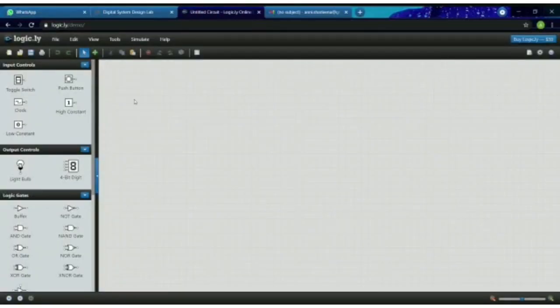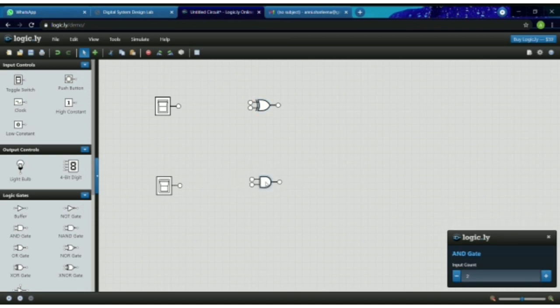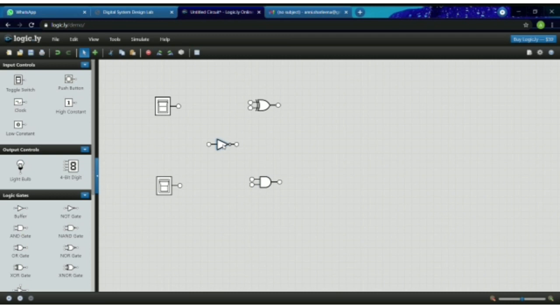This is half subtractor. We are taking 3 switches as input. And we are taking 2 XOR gates. The first one is AND gate and the second one is NOT gate. And now we are taking 2 outputs.